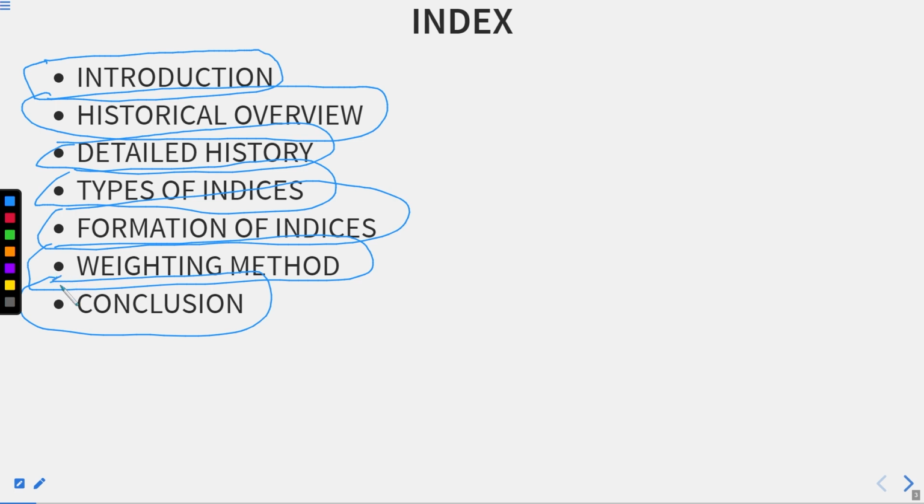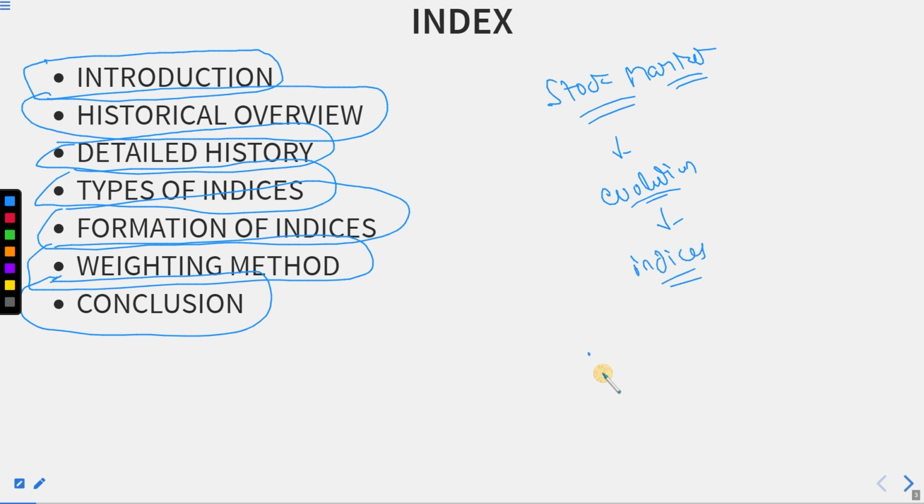In this particular lecture, we are going to see how the stock market formed, thereafter its evolution, thereafter indexes, and you can say a holistic approach to the indexes. Okay, we are going to cover these things.